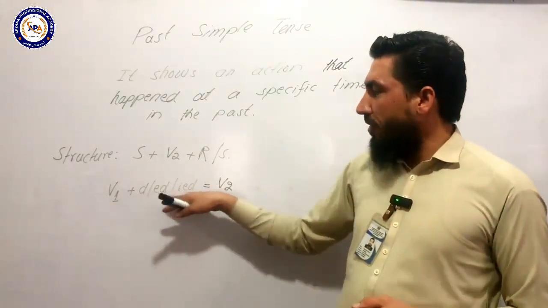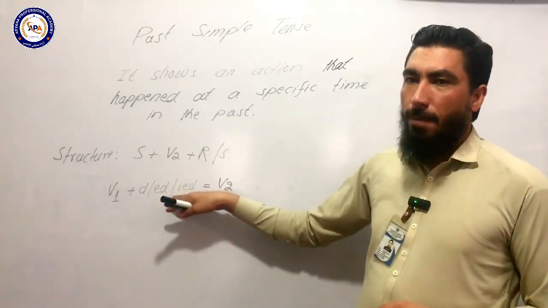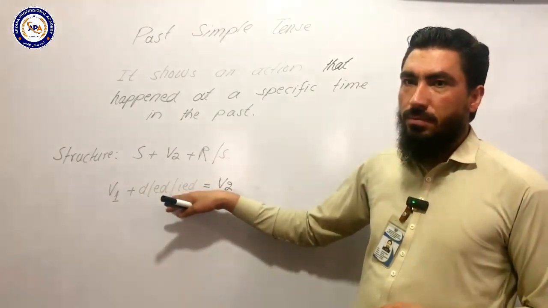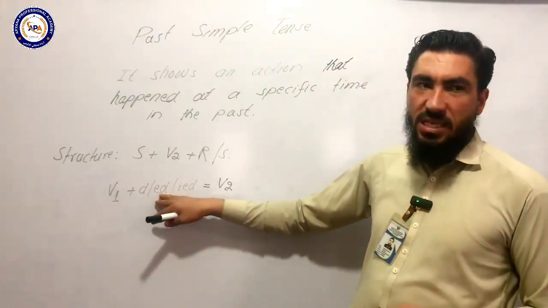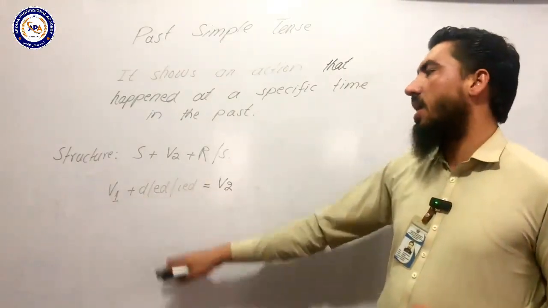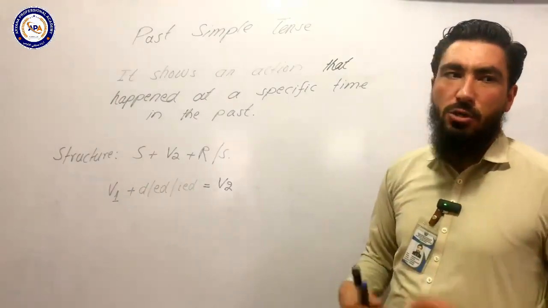And do you know about the difference between d, ed, or ied? When to add d, when to add ed, and when to add ied at the end of the verb, while changing that into second form?